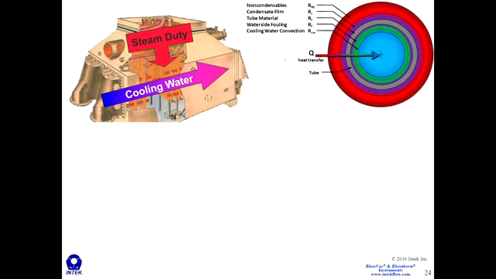But first, the first impedance that the steam encounters when trying to transfer its energy to the cooling water is a non-condensable or air layer. Now, it's important to understand that this non-condensable layer can actually dominate all of the thermal impedances in this system. It could be 0, or it could actually dominate the entire heat transfer process.